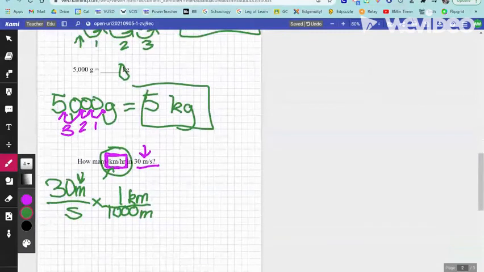So at this point, I can cross off my meters because they are opposite, they cancel. So I have kilometers per second.